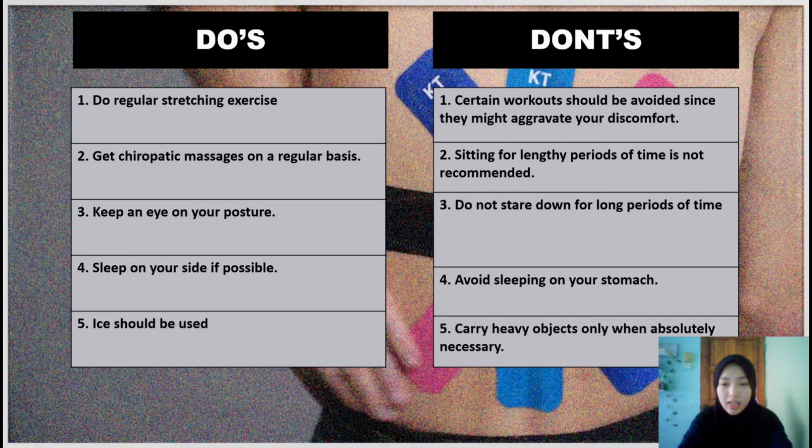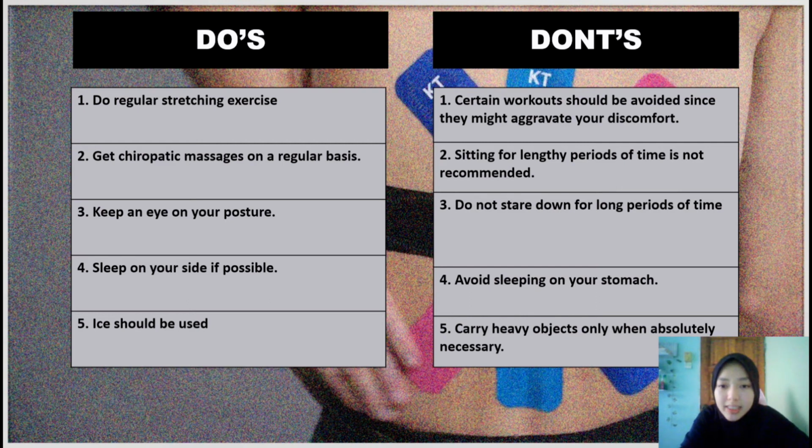For don'ts, certain workouts should be avoided since they might aggravate your discomfort. You should avoid exercise like running, lifting weights, and sit-ups because they can cause you back pain.